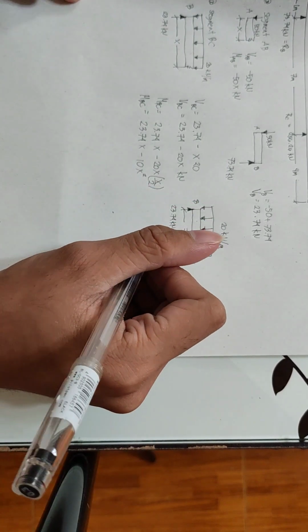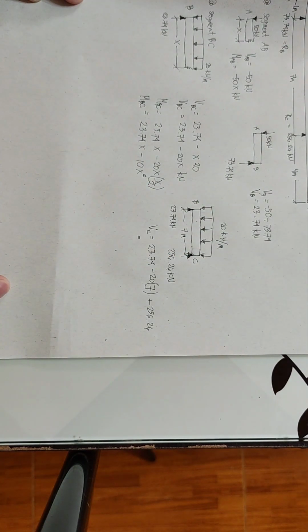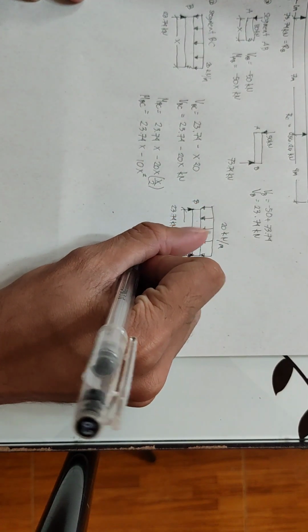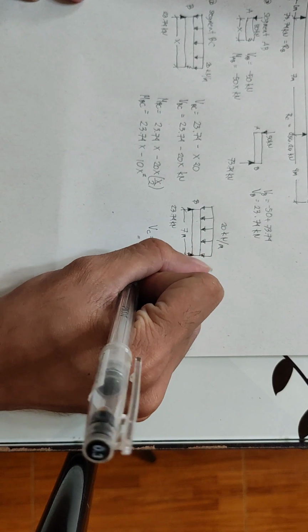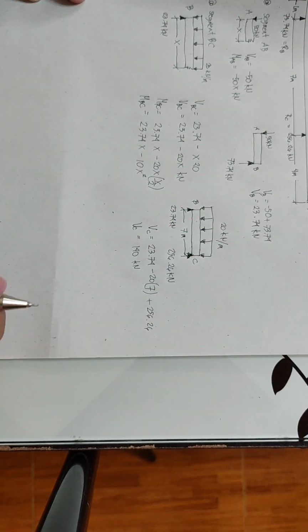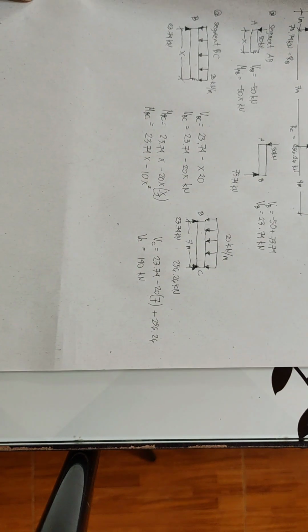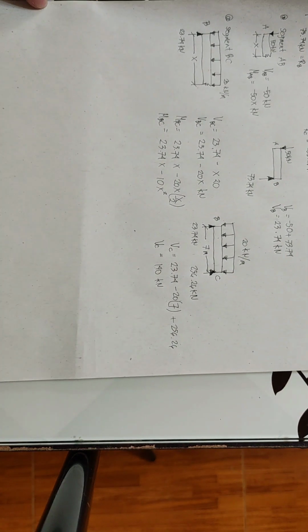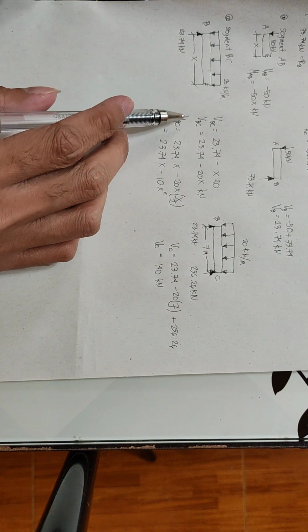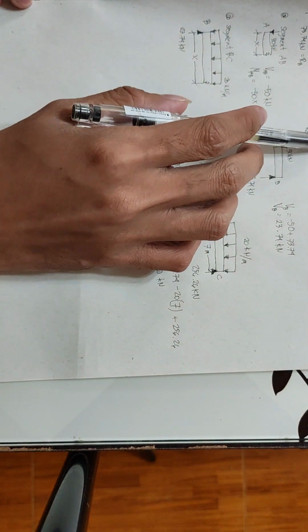To calculate this, it is 140 kilonewton, VC. So after getting the VC, we will solve the shear and moment at segment CD.